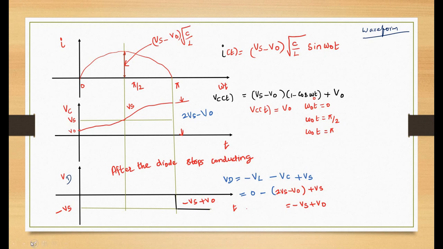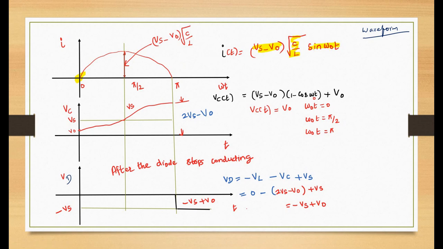The given equation is I of t equal to Vs minus V0 square root of C by L sin omega naught t. First of all, I am going to apply omega naught t equal to 0. So what about I of t? Sin 0 is 0, so the entire term is 0. Then omega naught t equal to pi by 2.